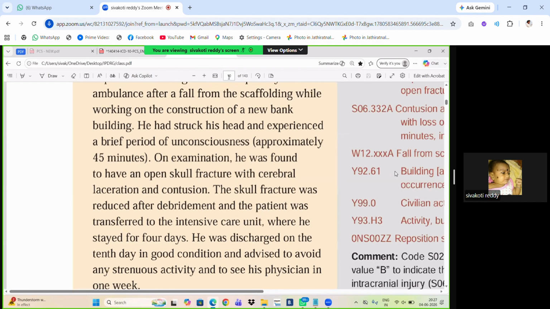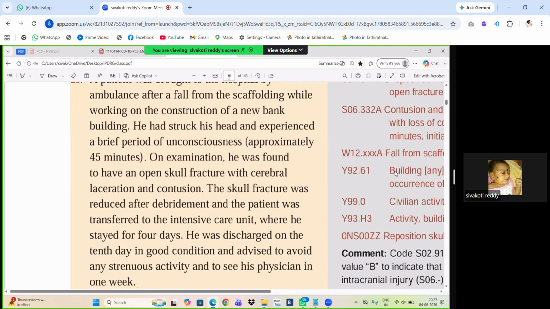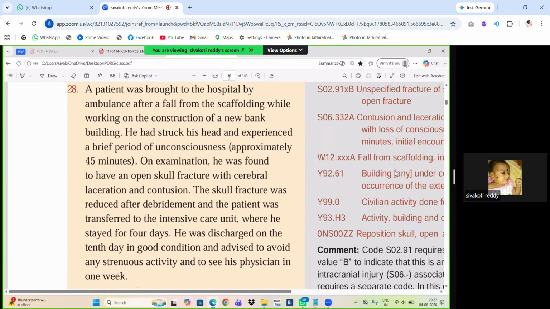See here where they are performing the procedure. Like this, we'll get the operative report. The skull, is it?